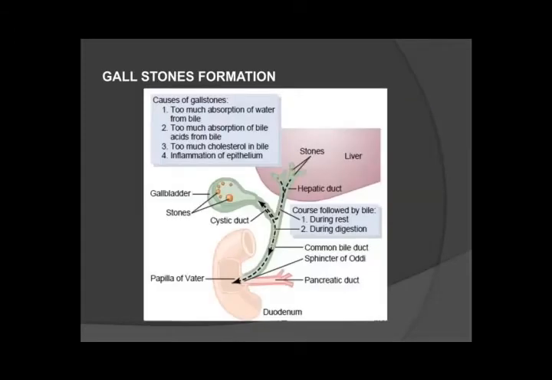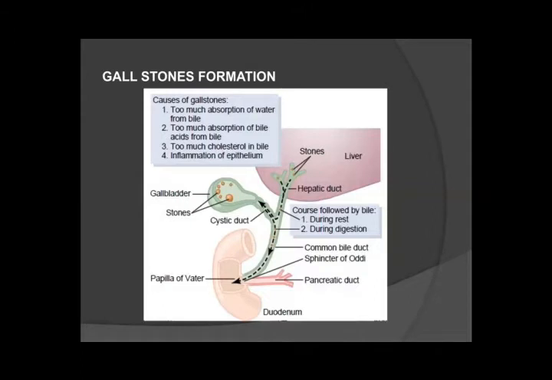Okay. Next, we have a diagram that's laying out the different steps of gallstone formation. In the top left corner, we have the causes of gallstones. Too much absorption of water from the bile can lead to an increase in formation of gallstones. Secondly, too much absorption of bile acids from the bile.